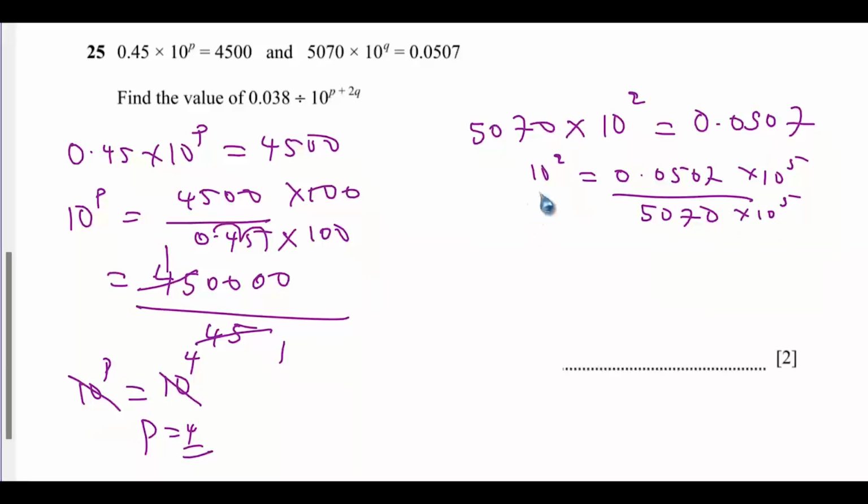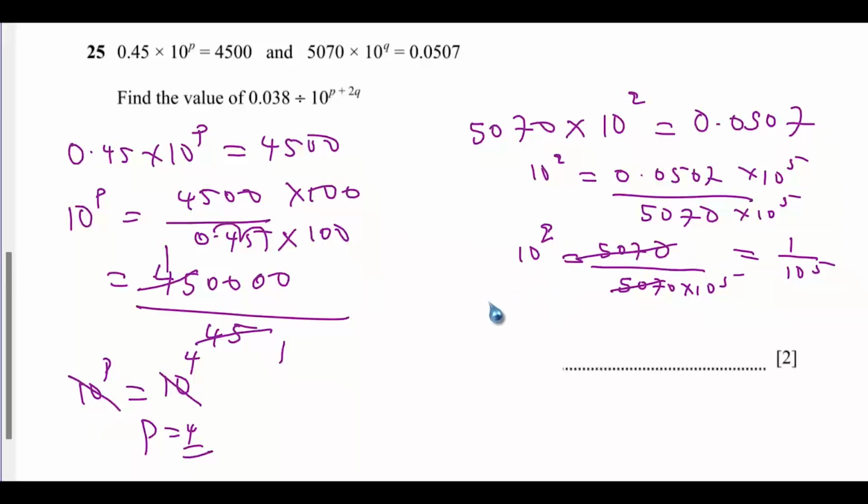So this will give us 10 to the power of q to be equals to 5070 over 5070 times 10 to the power of 5. So this will cancel this. So we are left with 1 over 10 to the power of 5.